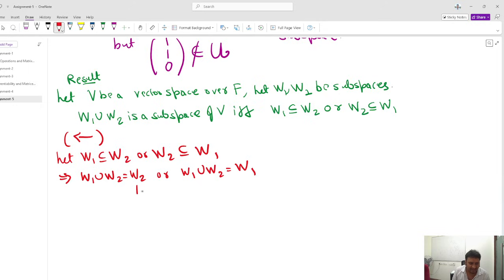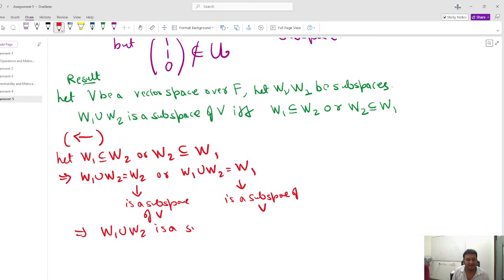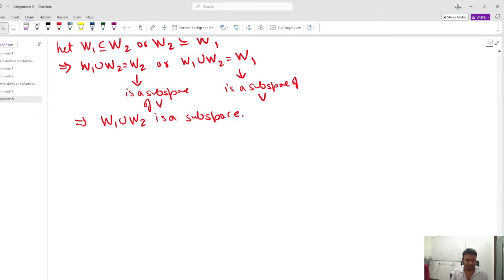And in fact, this is a subspace of V. So this implies W1 union W2 is a subspace. See, this was very easy, right? The converse part. The forward part is so much more fun.